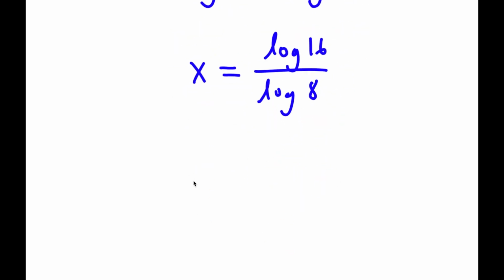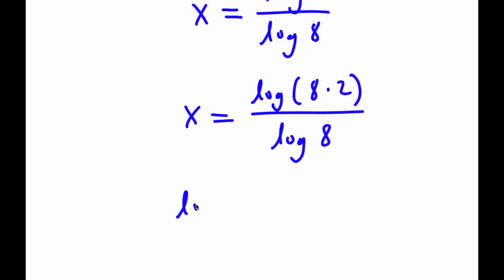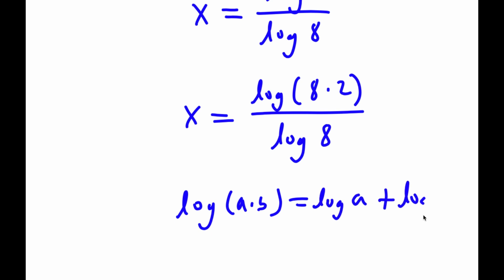Now log 16, this is the same thing as log 8 times 2. And if I have something in the form log a times b, this is equal to log a plus log b.